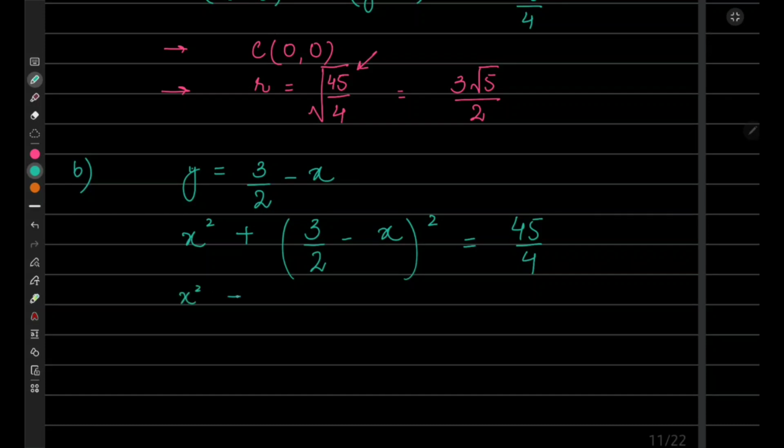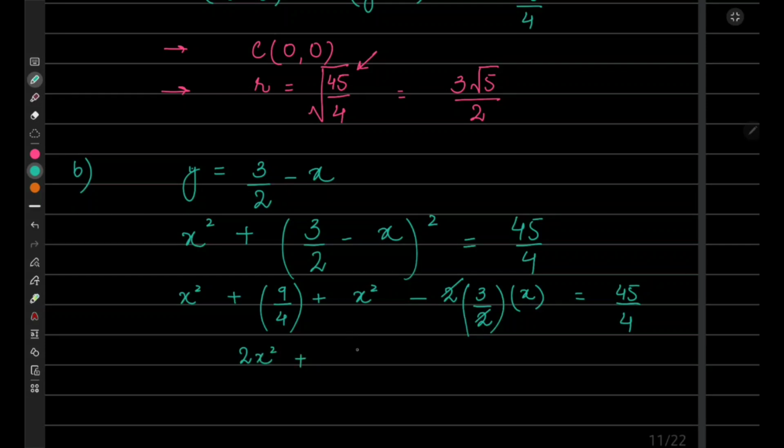Simplifying this, using a squared plus b squared minus 2ab, it becomes 2x squared plus 9 over 4 minus 3x equals 45 over 4.